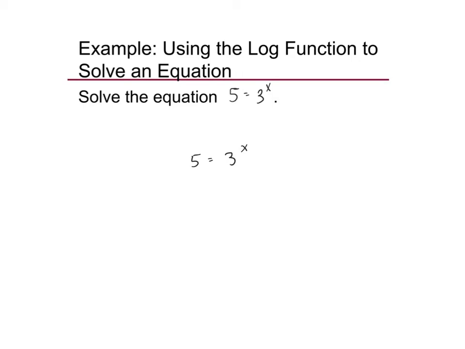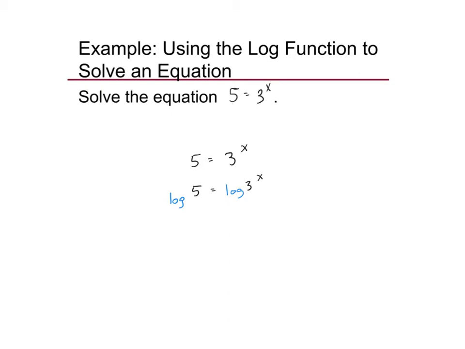So what we do is we have that exponential term isolated. Okay, we would have to do some preliminary work if it wasn't. And then the fancy step that we're going to do here is we're going to take the log of both sides of this equation. So I'm literally just writing the word log next to the 5, and I'm writing the word log next to the 3 raised to the x power.